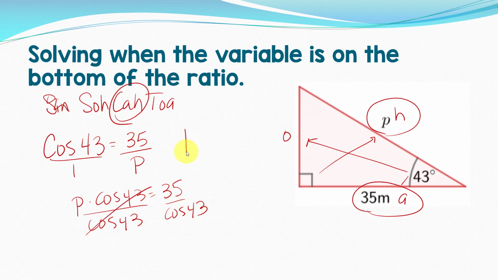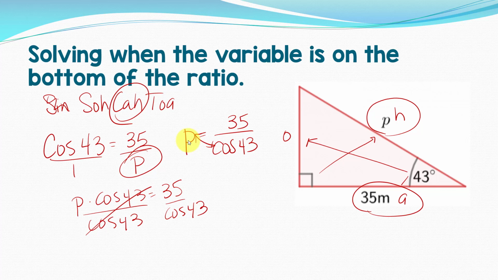And so now I have p equals 35 over cosine 43. So anytime my variable ends up on the bottom like this, I'm just going to switch these places. And we know from all of our work with proportions that should make sense, because when you cross multiply, it doesn't matter. So those two can switch places, no problem.